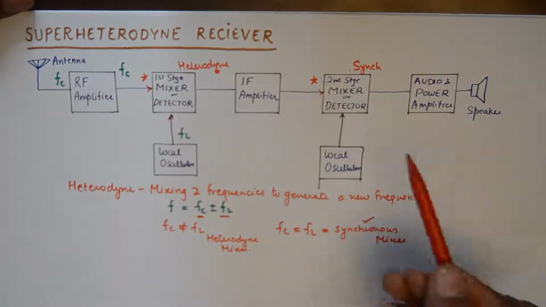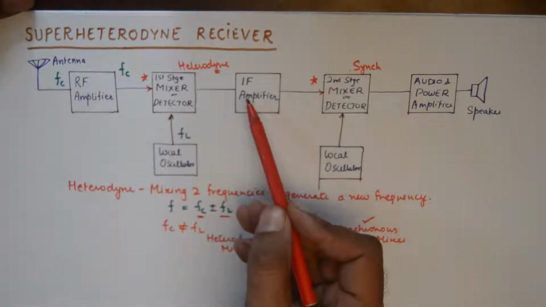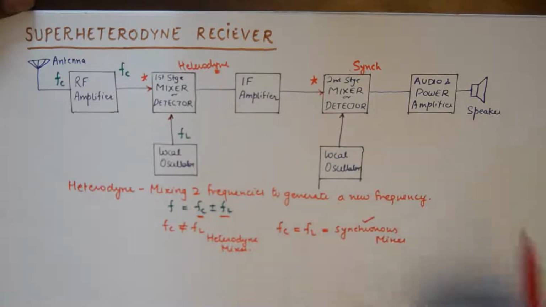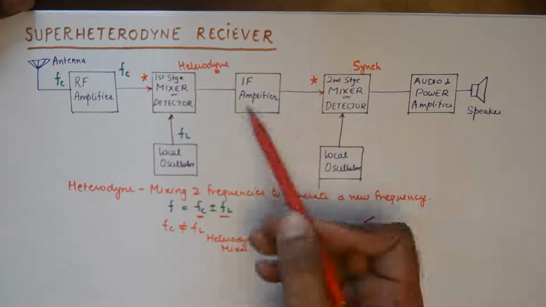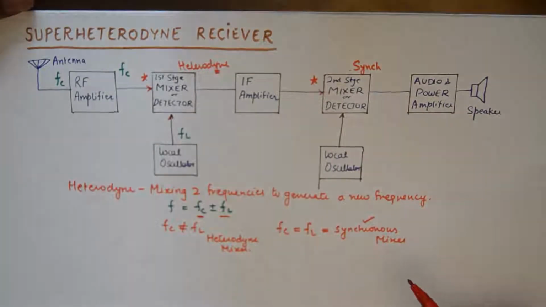However, you can have n stages of mixing after the IF amplifier stage, and no matter how many stages of mixing you do after the IF amplifier, they are all going to be synchronous mixers.